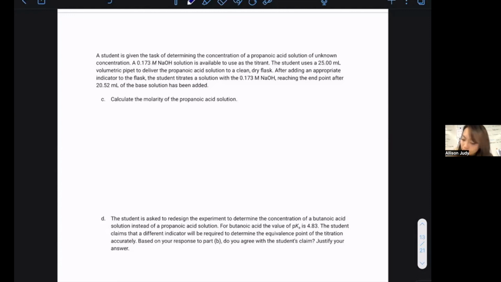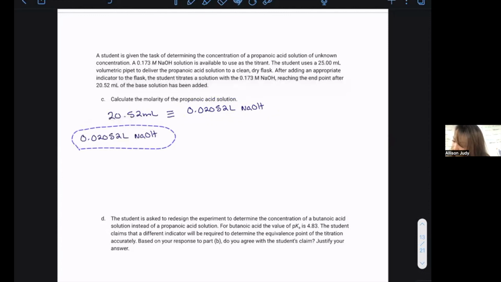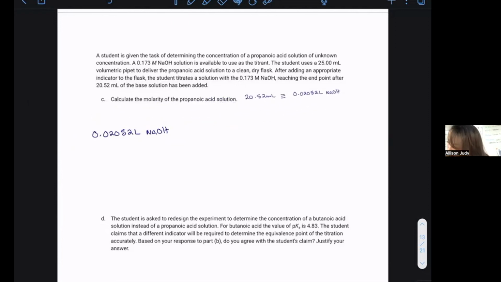So we're told that we used 20.52 milliliters, which is of course equal to 0.02052 liters of NaOH. And the concentration of that is going to allow us to turn that into a math tool and determine the moles used.